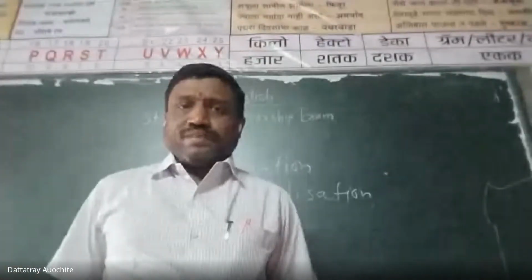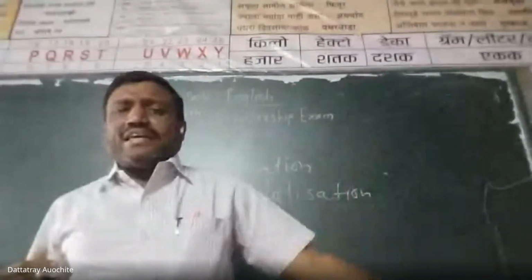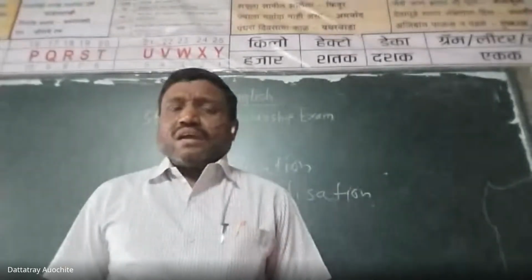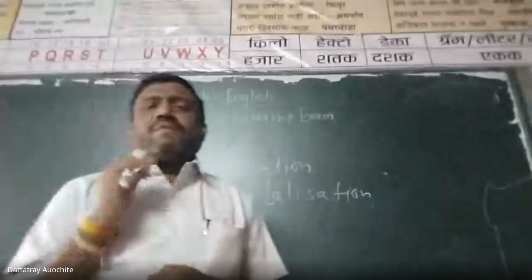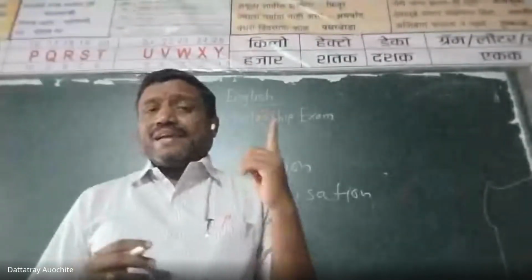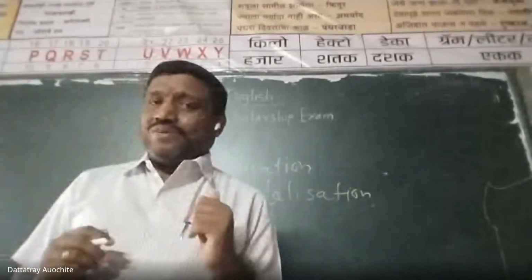In English there are 26 alphabets, representing 44 sounds. And these alphabets come in two versions: one is capital letters and another is small letters. We know that.